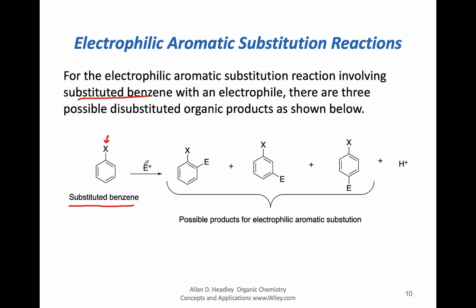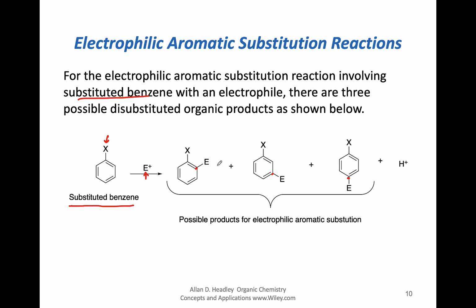And if we react this with the same electrophiles that we have been reacting before, in this case you will not get just one product. As you'll see here, there's a possibility of 3 products, because we can put the substituent here, the E, we can put it here, or it can go here, or it can go here.